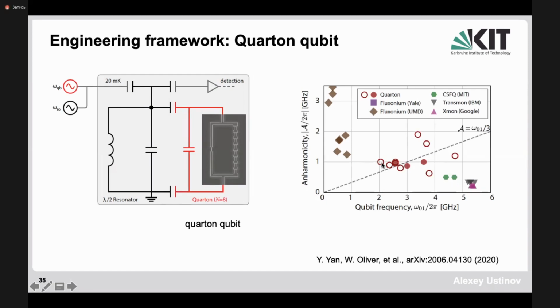And you see this whole very interesting range of frequencies with significant harmonicity is not covered by anything. It only has the C-shunted flux qubit from MIT, which is here. But then Quarton devices will all be in between. This is a new area which is still unexplored.